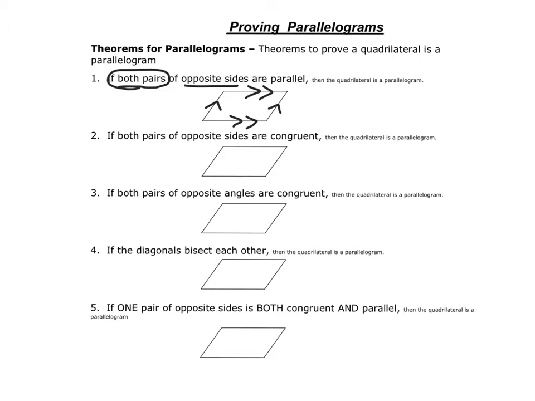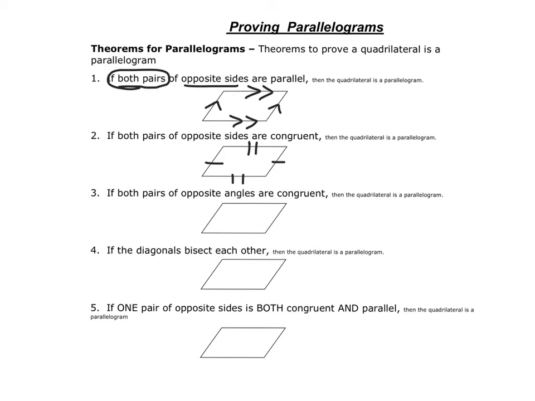The second one says if both pairs of opposite sides are congruent, then the quadrilateral is a parallelogram. So if you have a quadrilateral with both pairs of opposite sides congruent, then we have a parallelogram.